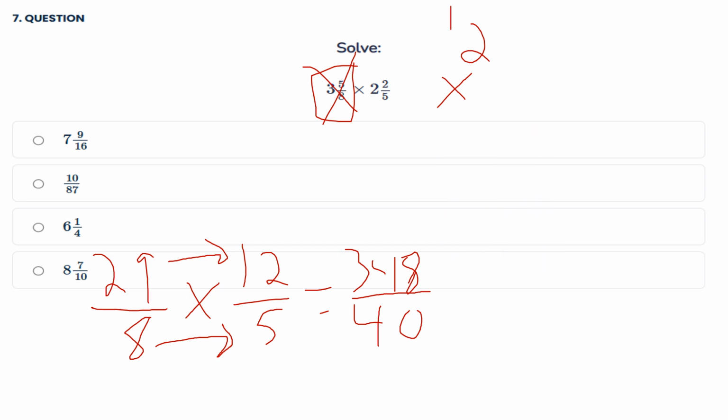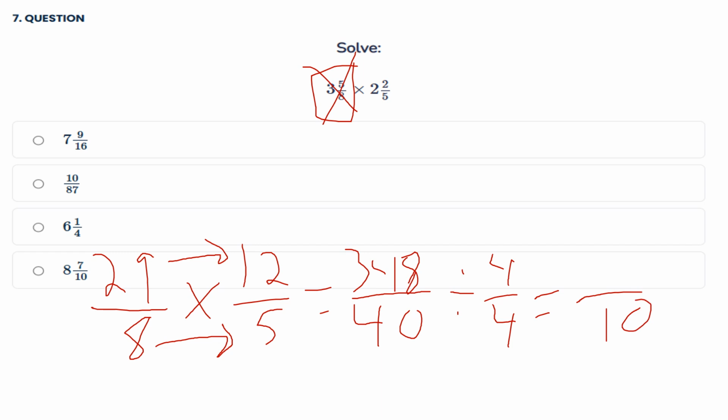All right, so now what we need to do is simplify that fraction because there is a number that can go into both of these numbers. So I'm going to start off with 4 because I know 4 can go into 8. So I'm looking at that last number. So let's do 4. We're going to divide both numbers by 4. So we know that the bottom number is going to be 10.